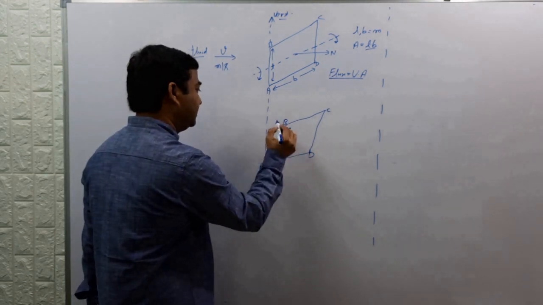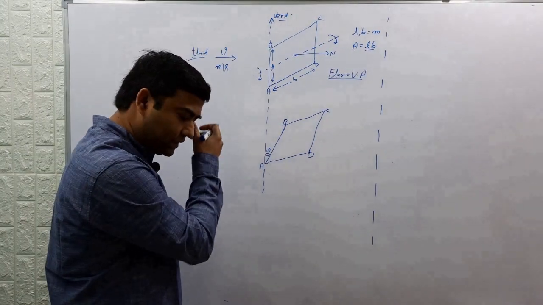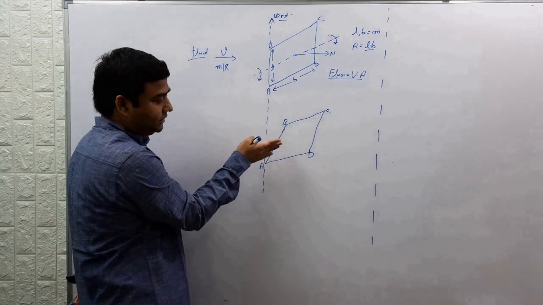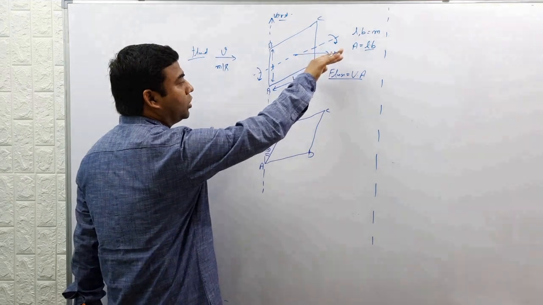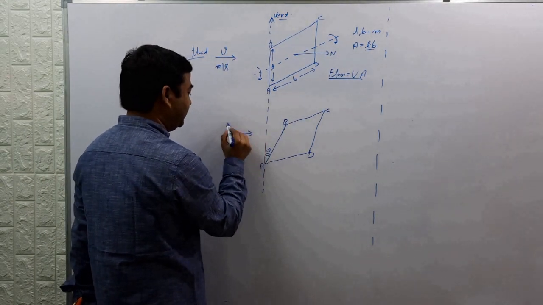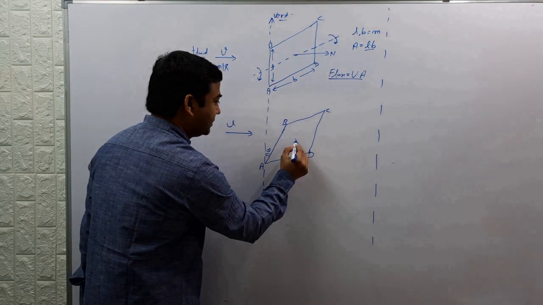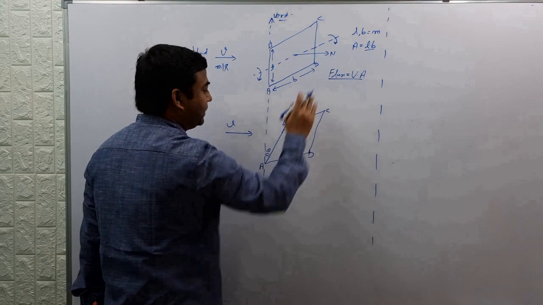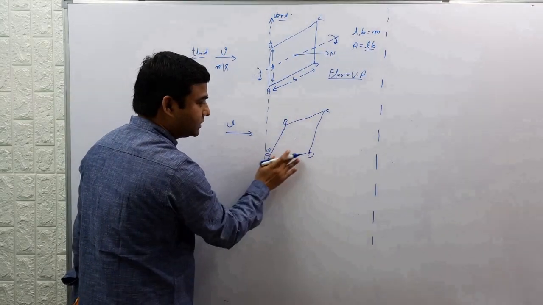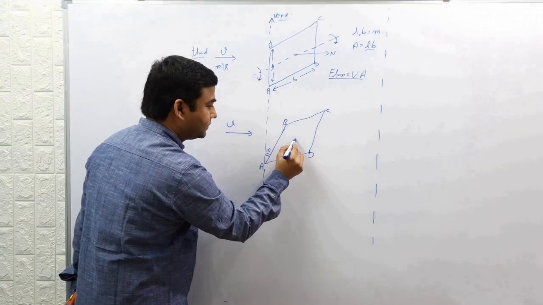So in this case, it has been tilted by angle theta. This normal, which was parallel to the velocity vector v, is still the same. So the vector which is perpendicular to this surface will also rotate by angle theta.